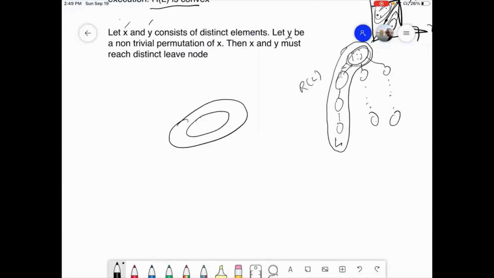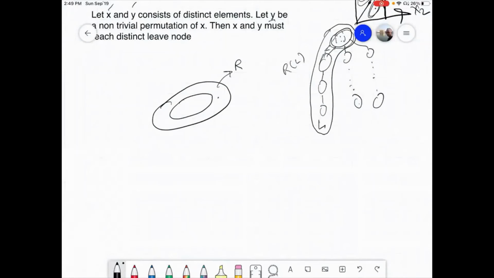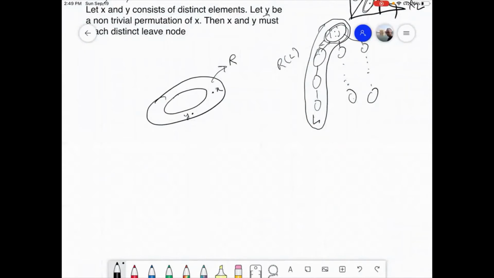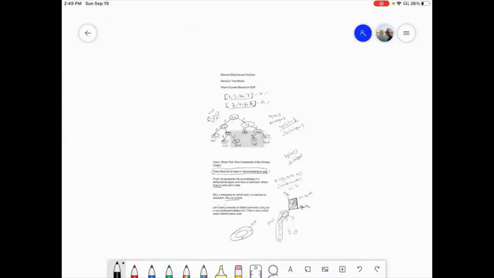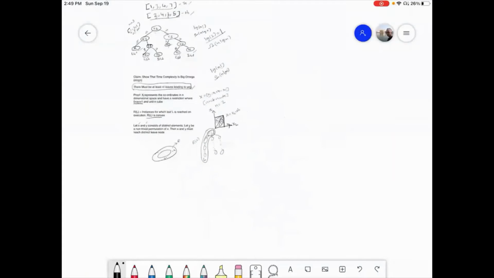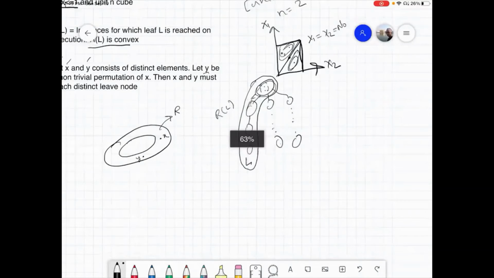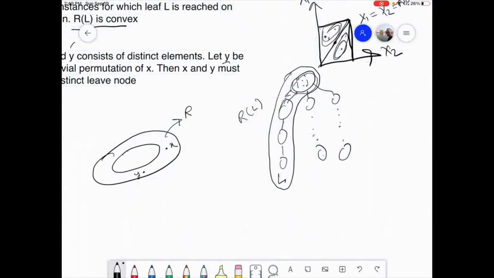So let's say this space is defined by R, and we take 2 points X and Y. So X and Y both belong to R, both X comma Y belongs to R.